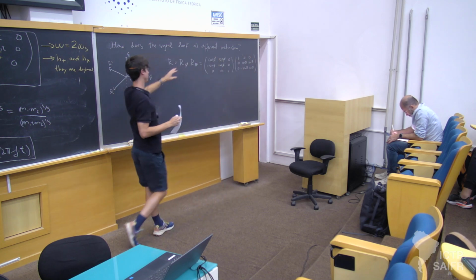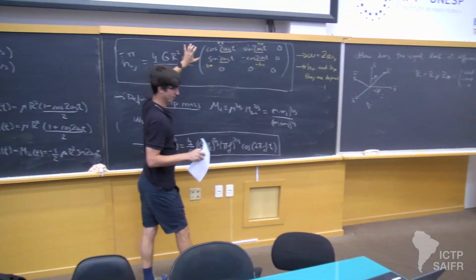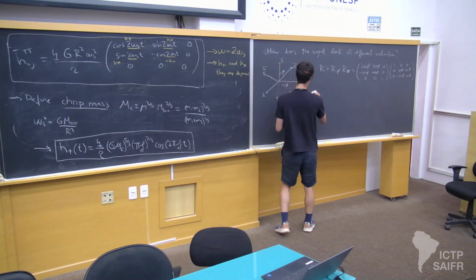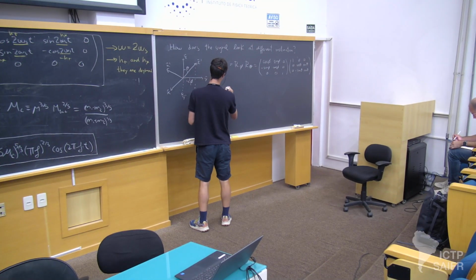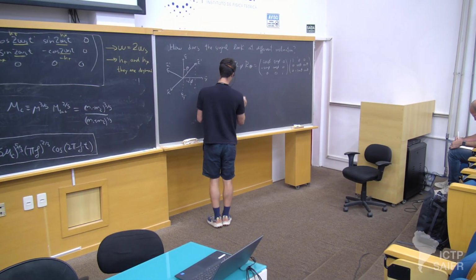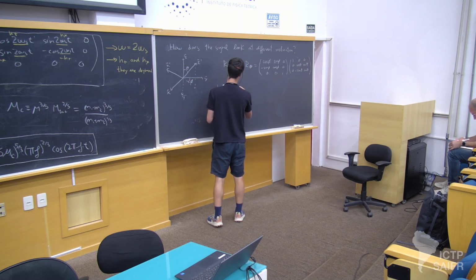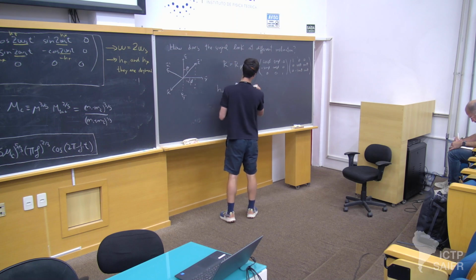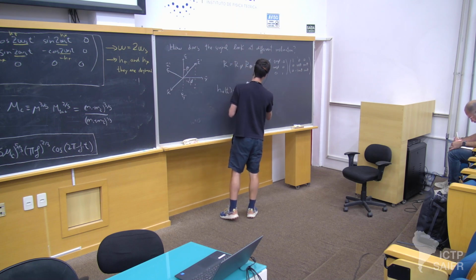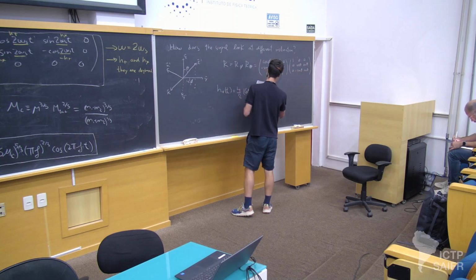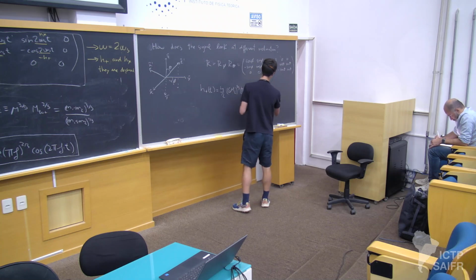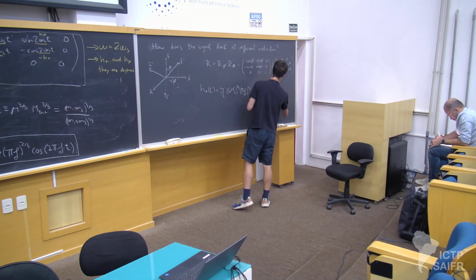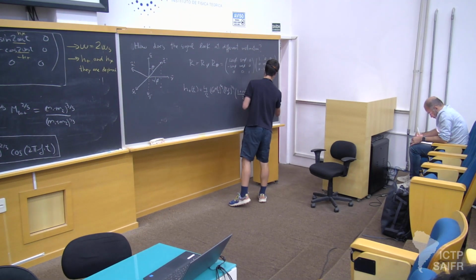You can take this expression and multiply, and what you get is that the plus polarization is the expression we already have. Let me write it again: G chirp mass to the 5/3, pi f to the 2/3, and then this has (1 plus cosine squared theta) divided by 2, and then cosine of 2 pi f t, times 2 times 5.